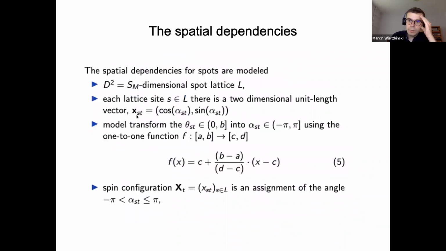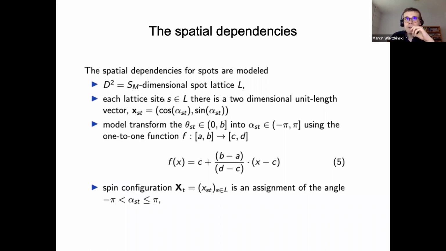Okay, and here is a slide about the assumption for spatial dependencies. So now we have a two-dimensional spot lattice. It's a specific graph of dependency between spots.